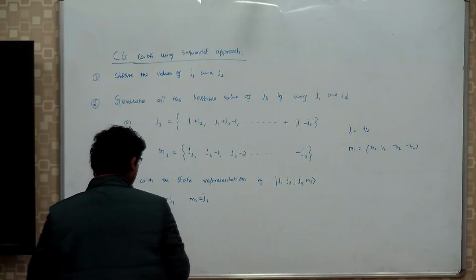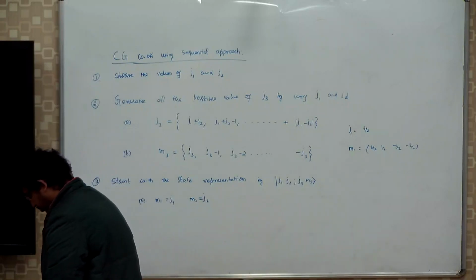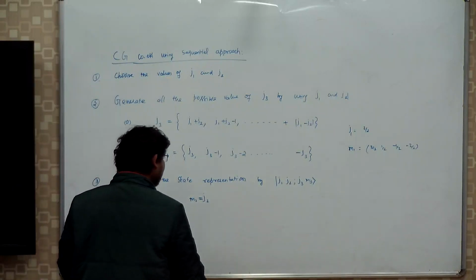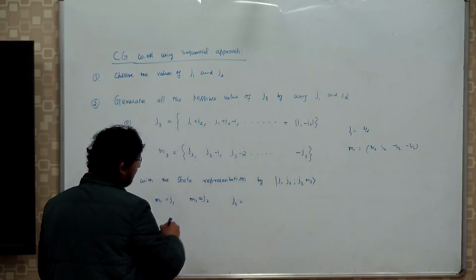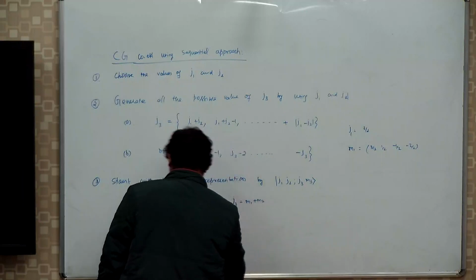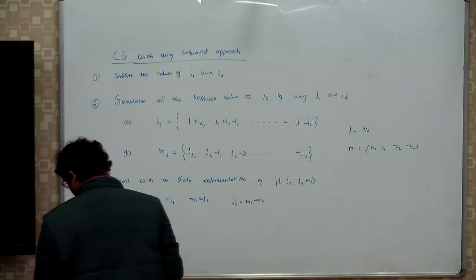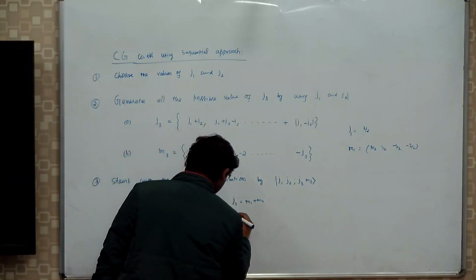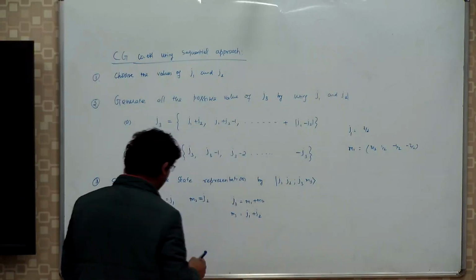So in that case you keep the conditions m1 equal to j1 and m2 equal to j2, and the j3 value also should be the maximum. So you can go for m1 plus m2, or m3 is nothing but j1 plus j2, of course.